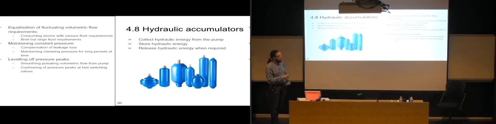And if you have valves in your system that can switch on and off, open and close very quickly, so fast-acting valves, then you can use smaller accumulators close to those valves to cushion these pressure peaks that are going to happen every time you operate the valve.